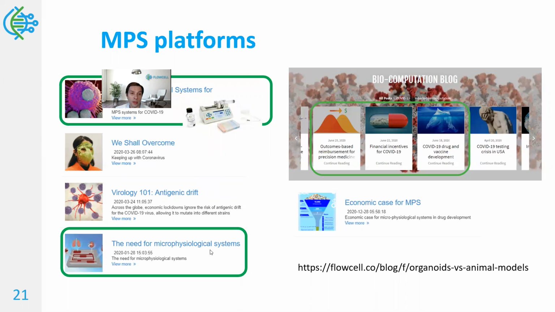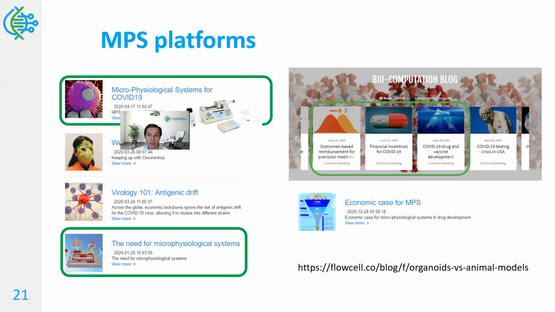So that's where these applications are, and also that there is an economic case to be made for it. So you can read more about the benefits of these models of tissue versus use of animals in our blog.